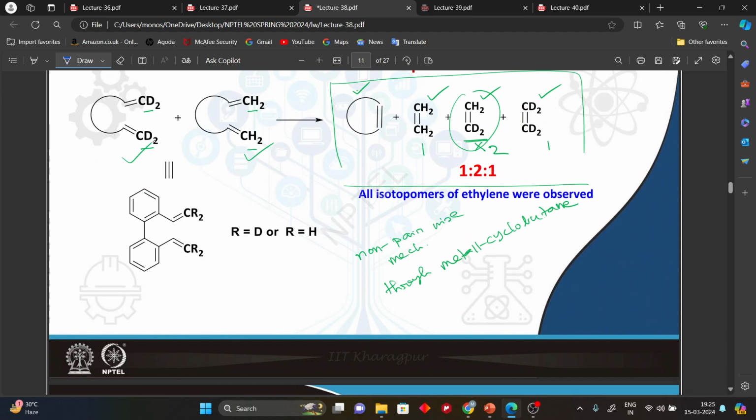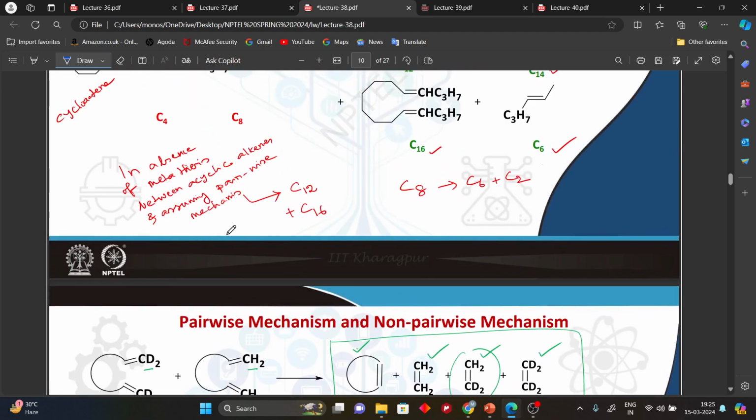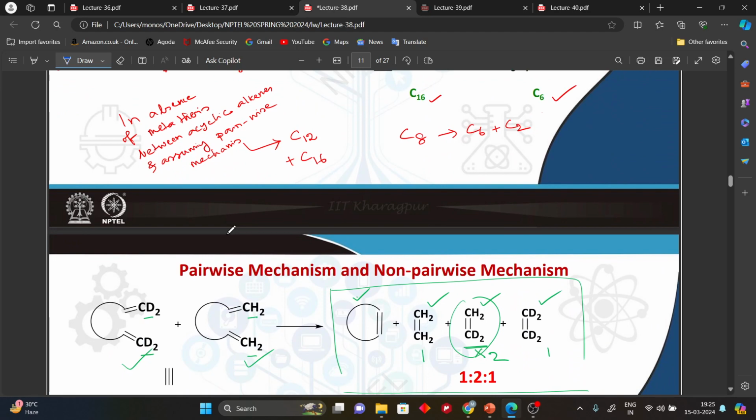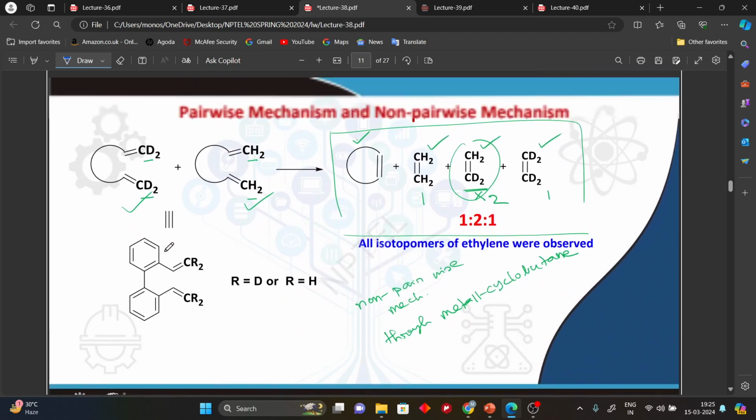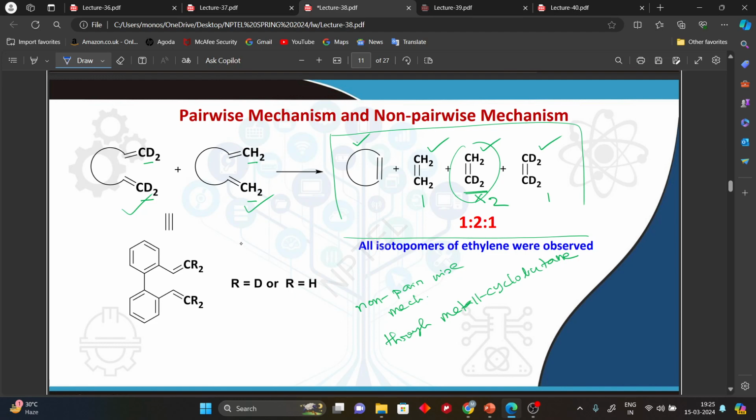If you have this kind of unit, when you do the pairwise mechanism, you initially form this unit with that carbon.